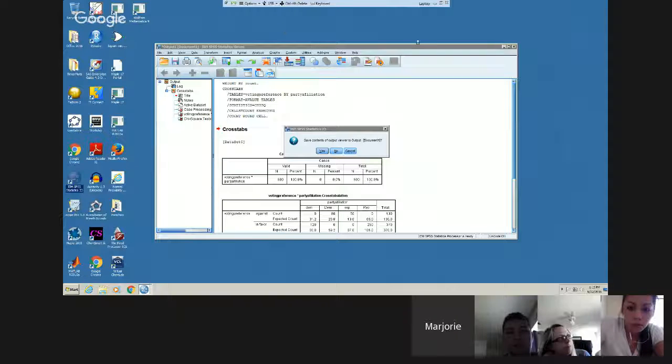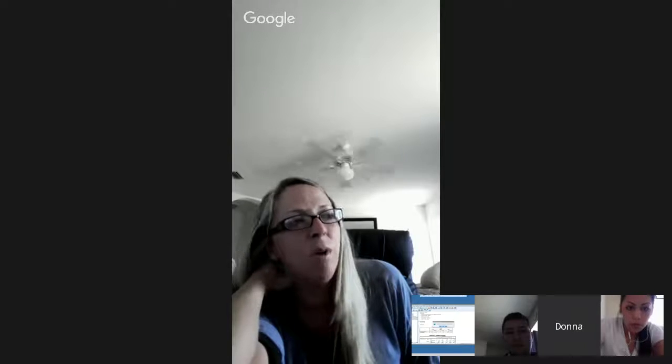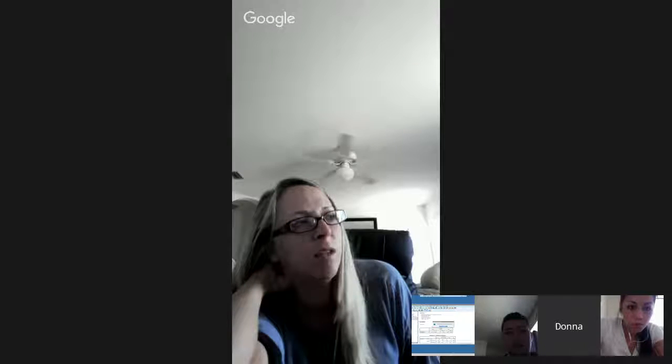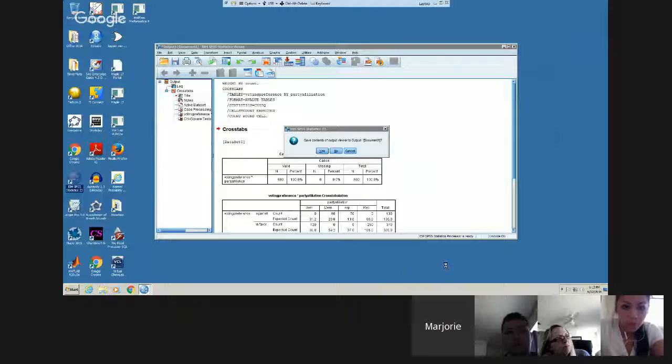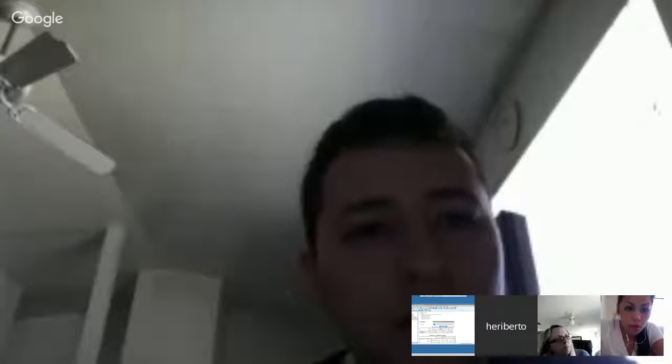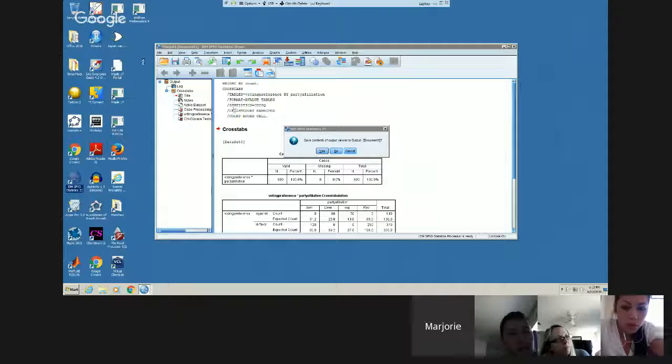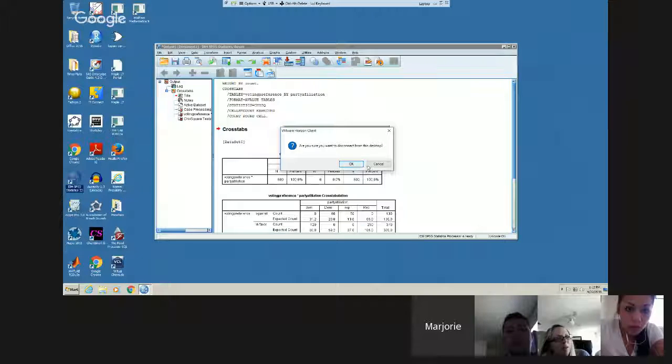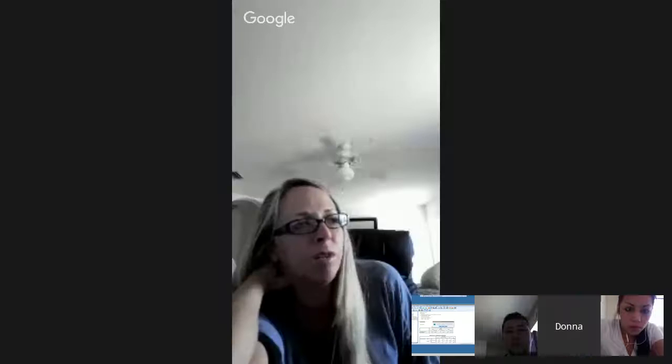On the width, I changed it so you can write out religiosity, because that's more than 8 characters. I put like 15 on both of them just because I didn't know how much I was going to have to write.